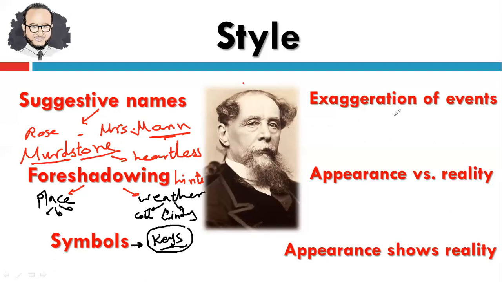Okay, exaggeration of events. Sometimes he exaggerates while he's describing something, but when he's exaggerating, he's doing that for a reason. You should feel the suffering of this character. You should feel the happiness of this character. Okay, for example, Oliver Twist, he was walking for 7 days and he was not eating a lot and he was not afraid of the animals and so on.